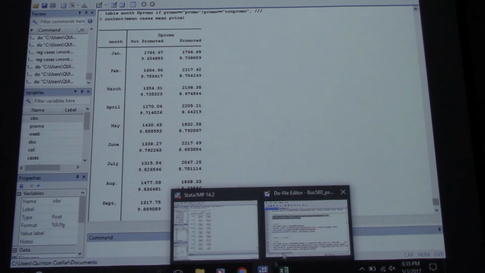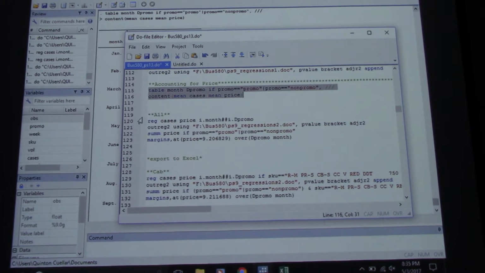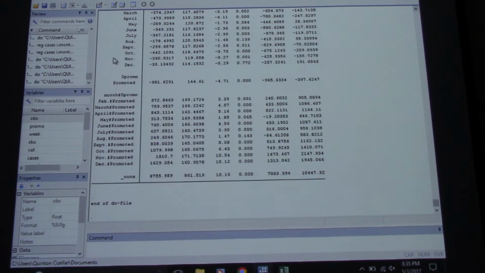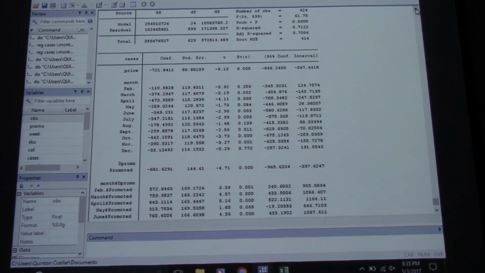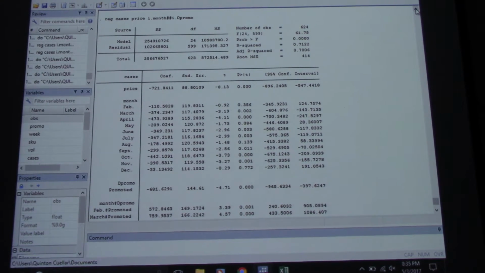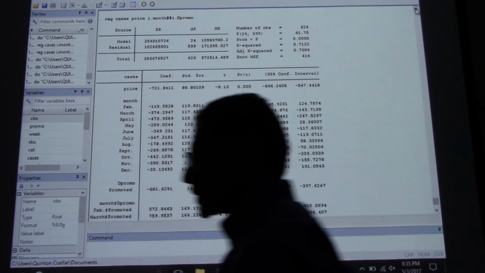So what do we do? Throw price in our regression. If you notice, the numbers change a bit, and they should. So now we've specifically accounted for the fact that price is going to affect sales.